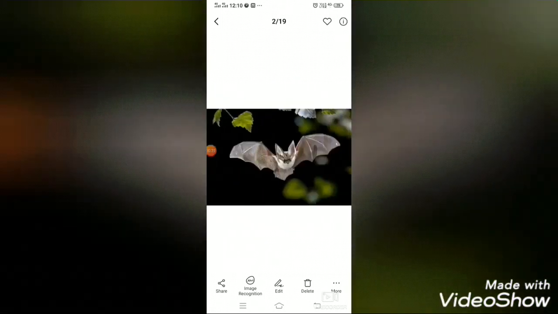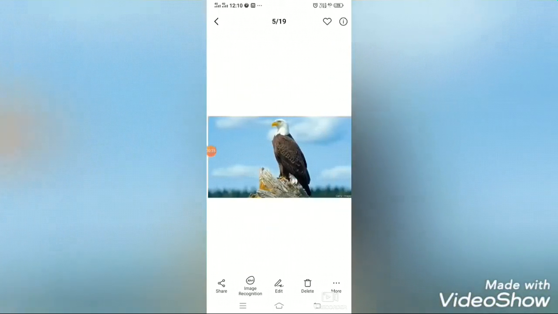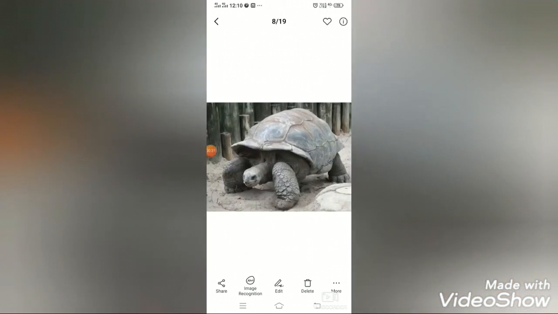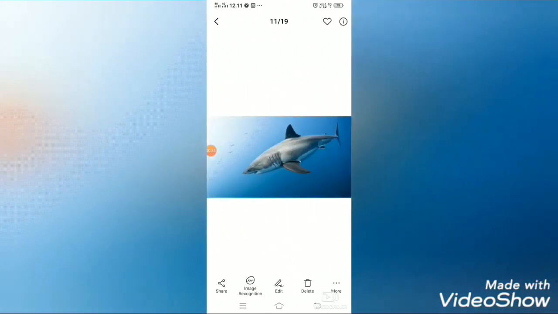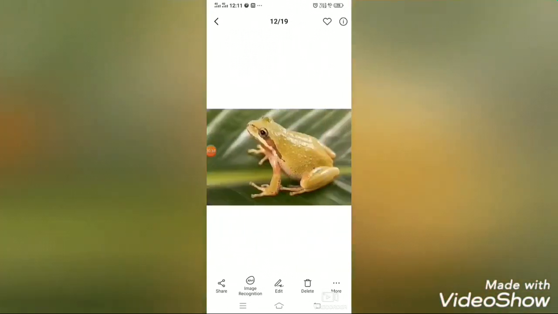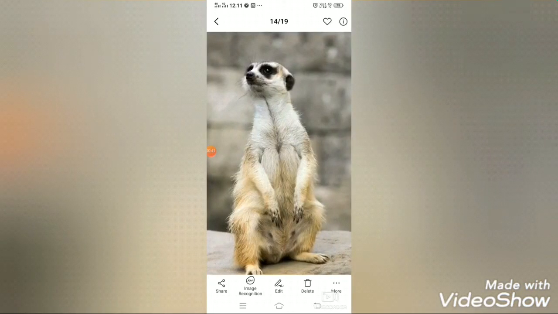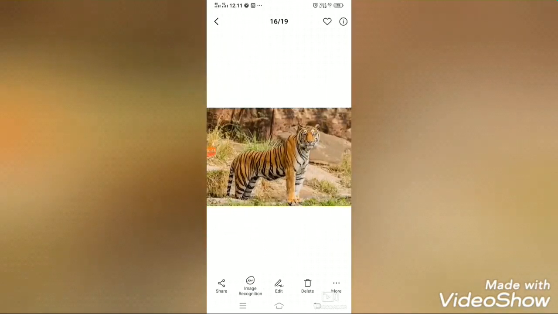This is goat, bat, owl, mynah, eagle, goldfish, mahseer, tortoise, ostrich, cat, shark, frog, cobra, meerkat, deer, tiger.